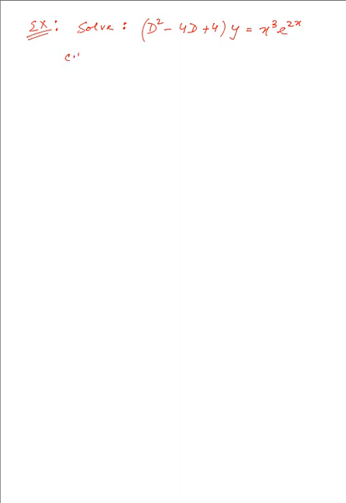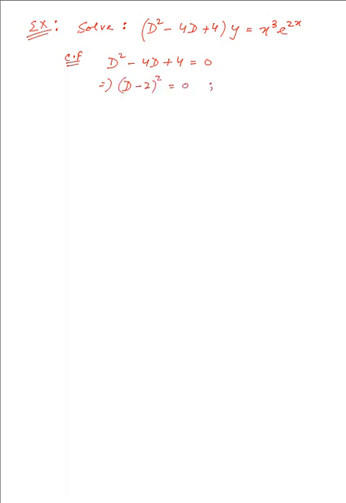So as for the complementary function, we take the left hand side, that is D squared minus 4D plus 4 to be equal to 0, and that gives me (D minus 2) whole squared to be equal to 0.